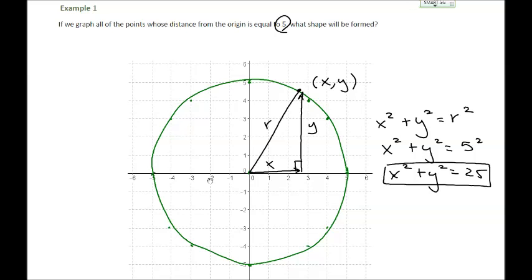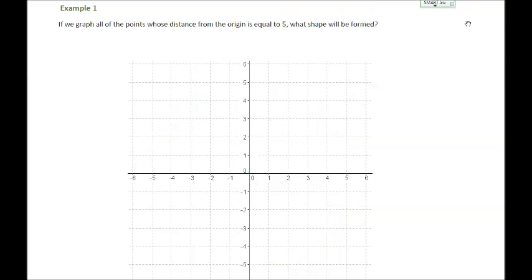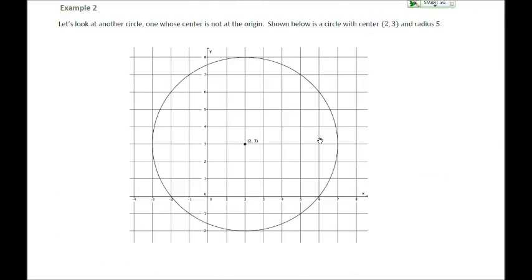All right, let's look at an example where it is not at the origin. And here is Example 2 with a circle whose center is at (2, 3) and has again a radius of 5. Now just like before, I'm looking to write the equation of this circle, so I can take any point on the circle, which is (x, y).